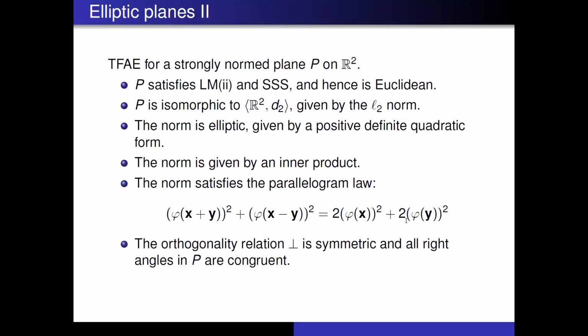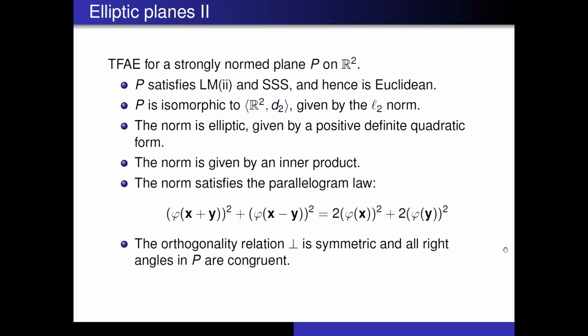Okay. So in fact, one of our main results is the following characterization of Euclidean planes. So the following are equivalent for a strongly normed plane on the real numbers. Again, I'm using the real numbers now and not an arbitrary Euclidean plane. One is the two axioms we discussed, the one that segments of the same length are congruent, and the side axiom for triangles.